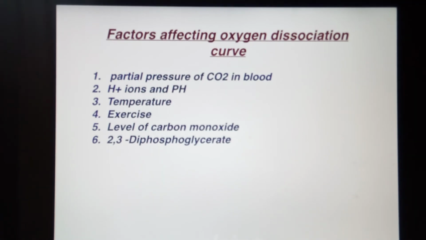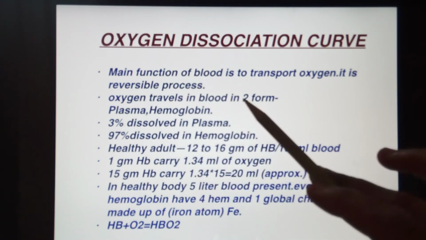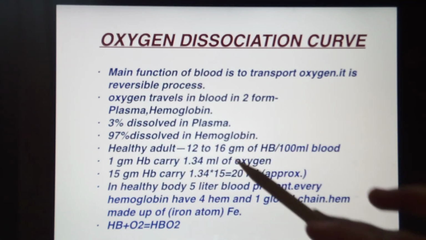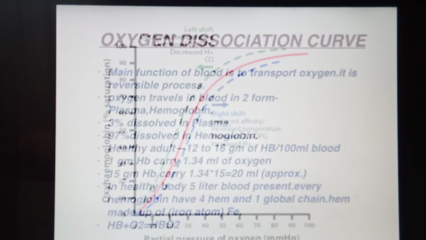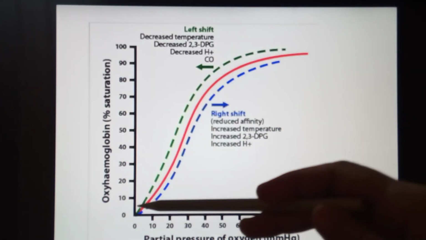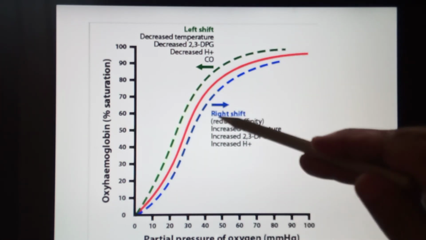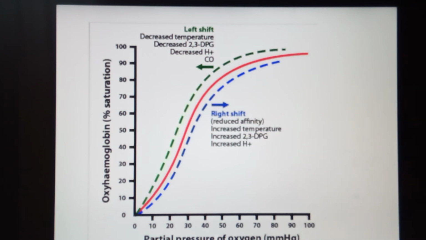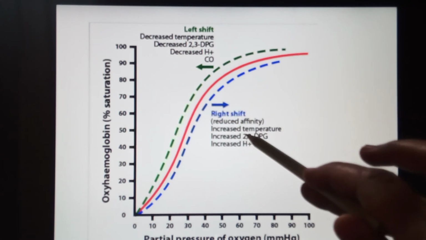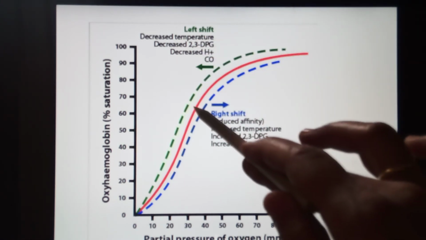Okay, so this is all about the oxygen dissociation curve, which is about oxygen transport in the blood. The main point is that 3% dissolves in the plasma and 97% binds with hemoglobin. The oxygen dissociation curve shows a sigmoid-shaped curve. In the tissue, it shifts to the right, and in the lungs, it shifts to the left.